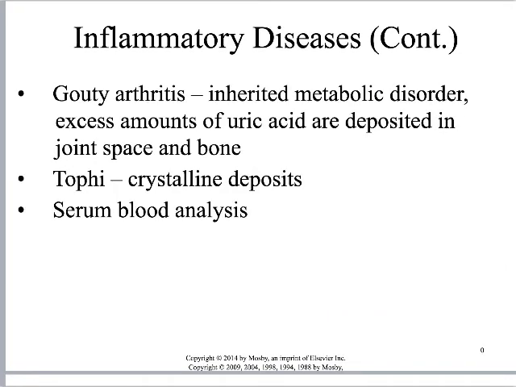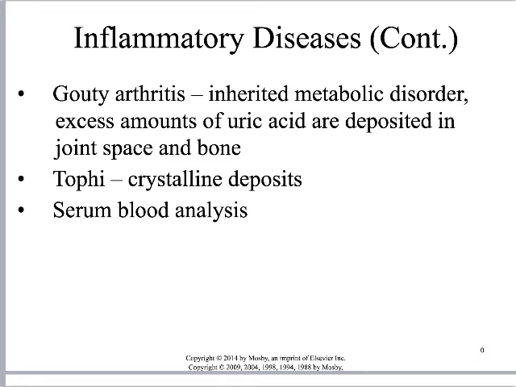Gouty arthritis is an inherited metabolic disorder. So I just want to again stress there are all these different types of arthritis. It just means inflammation of the joints. All of these processes are occurring from different directions. Some of them are congenital, some of them are malformations, some of them are just wear and tear and things like that. Gouty arthritis causes an excess deposit of uric acid within the joint space and bone.